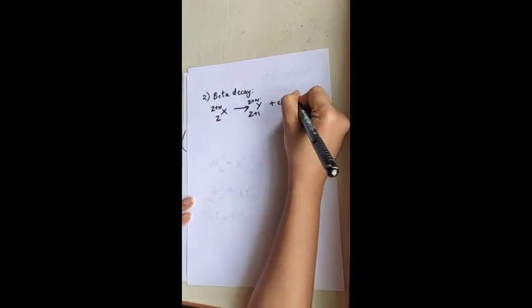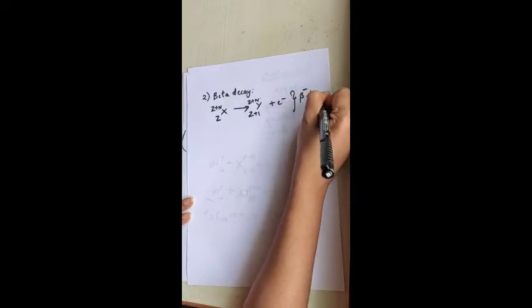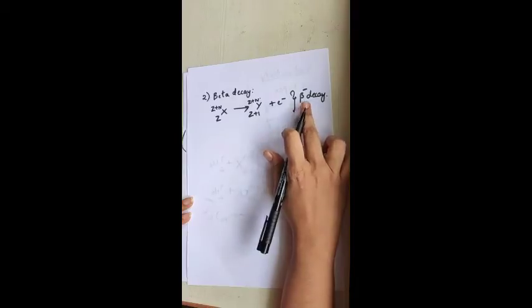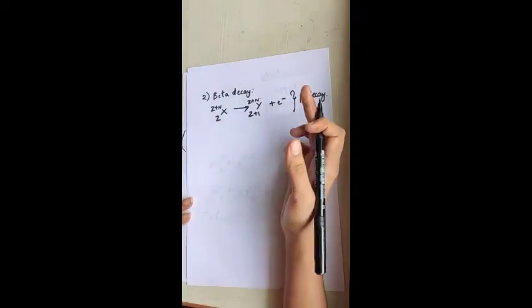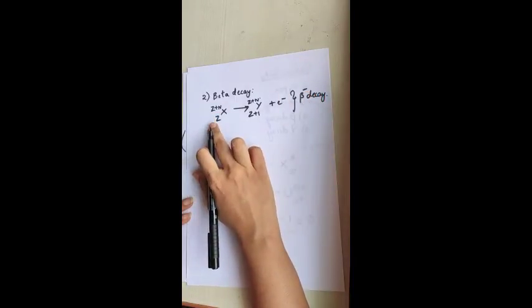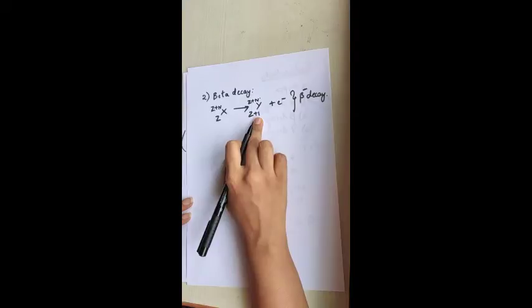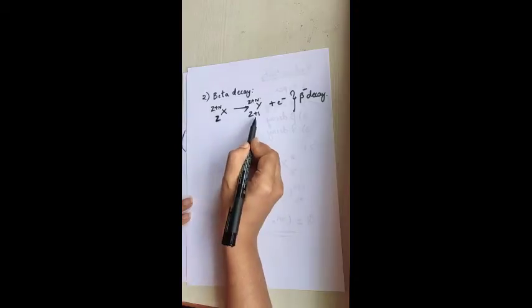This is called beta minus decay. What is beta minus decay? Here, a neutron of the parent element gets converted into a proton.